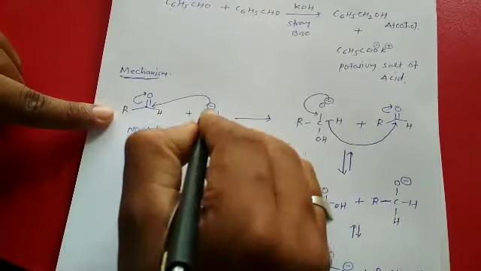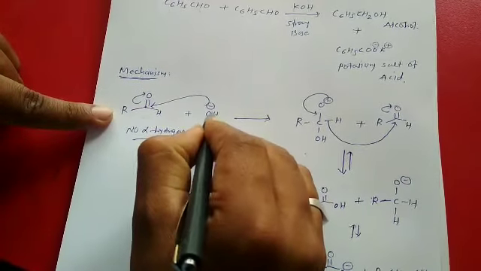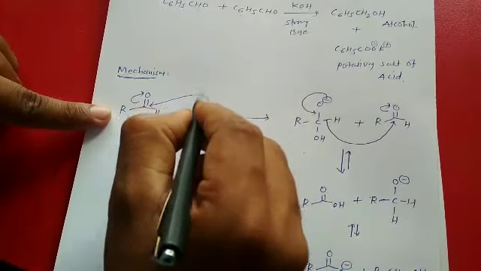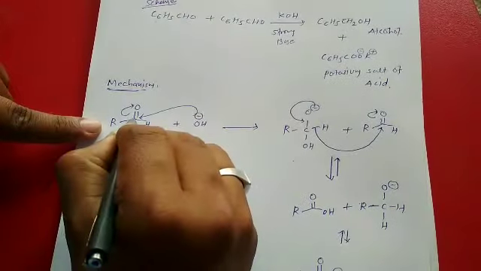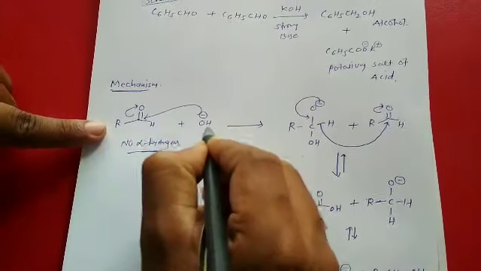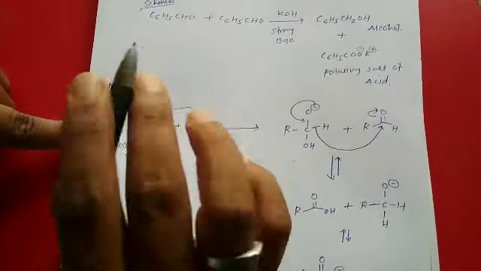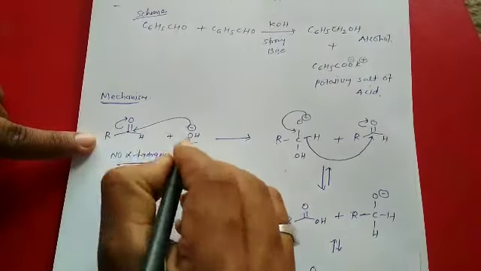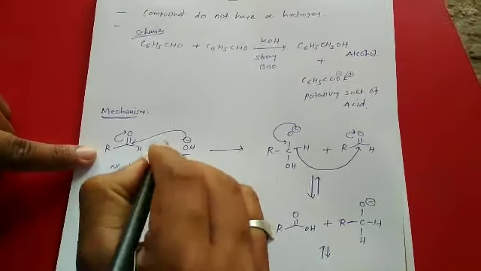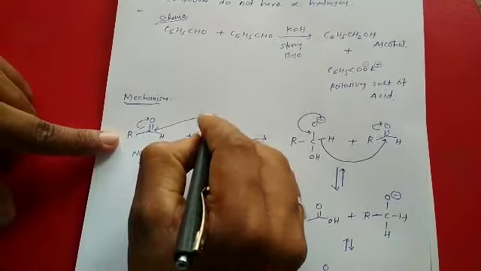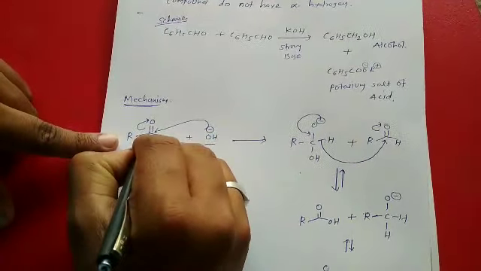If we put strong base here, OH will attack the carbonyl carbon. The strong base acts as a nucleophile, not as a base, due to the absence of an alpha hydrogen.